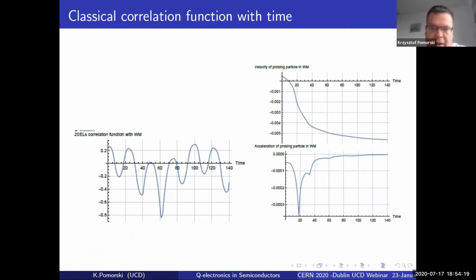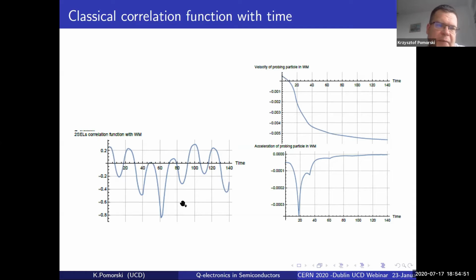All right, so there is a velocity of this probing particle. This is one of the scenarios. You see the velocity is changing its sign, so the particle is reflected, and there is an acceleration of this probing particle. This moving particle is affecting the state of a qubit.